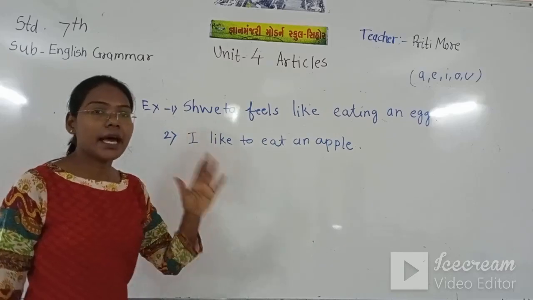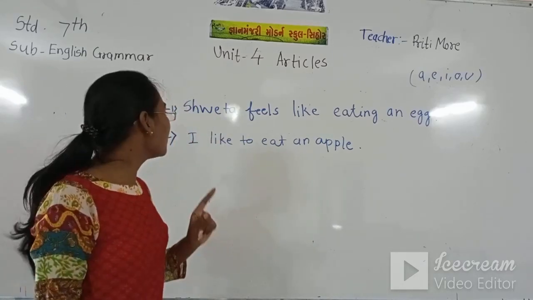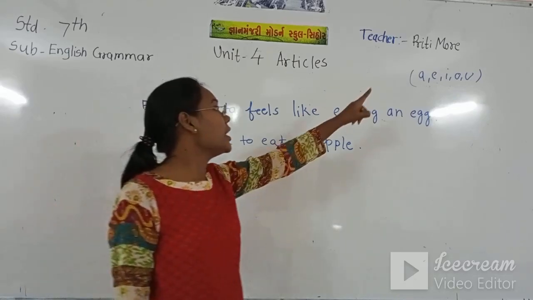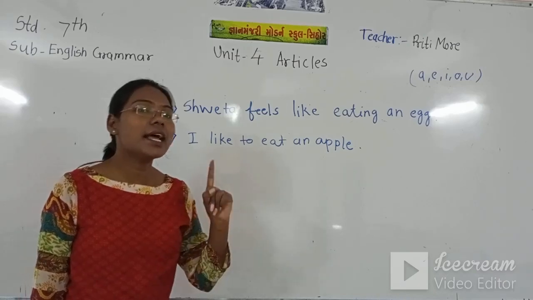When to use an article. So we have seen when the singular countable noun begins with the vowel A, E, I, O, U, that time we use the article an.